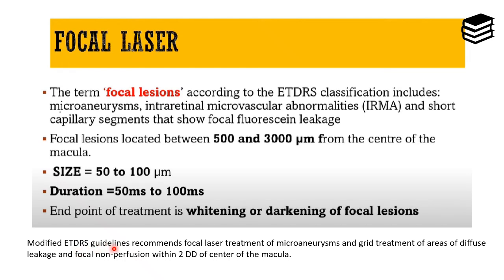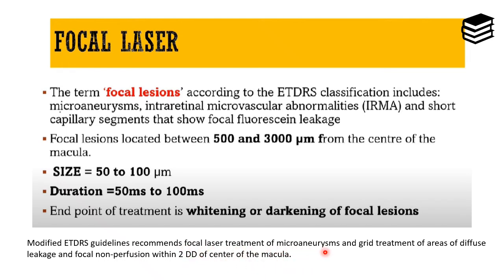Now, modified ETDRS guidelines recommend focal laser treatment of microaneurysms and grid treatment of diffuse leakage and focal non-perfusion within 2 disc diameters of the center of the macula. So the modified ETDRS guidelines have been laid down for focal laser treatment of microaneurysms within 2 disc diameters, that is within 3000 microns of the center of the macula.